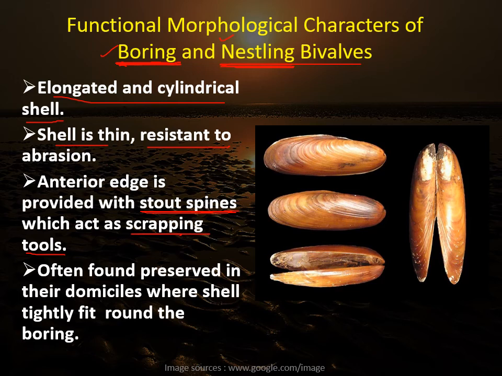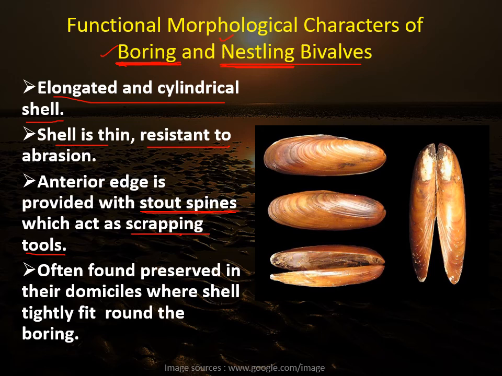Like the deep infaunal burrowing bivalves, they are also elongated and cylindrical in shape. They also have strongly anisomyarian muscle scars, and the hinge line and muscle lines are almost parallel. The shell is thin but resistant because they have to penetrate into the hard substrate. If the shell is not so resistant, there is a chance that during boring the shell becomes fragmented, and at that time the bivalve suffers death.